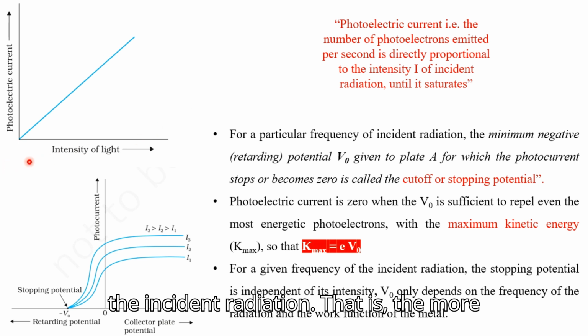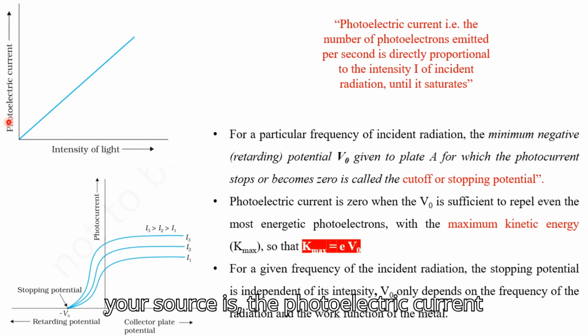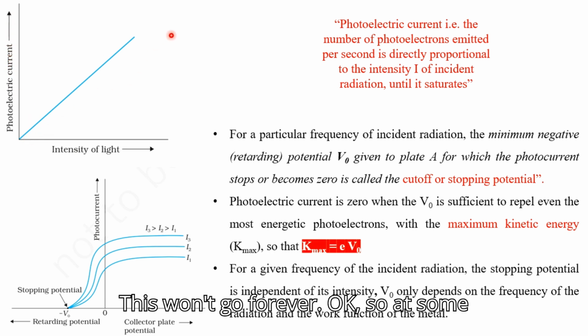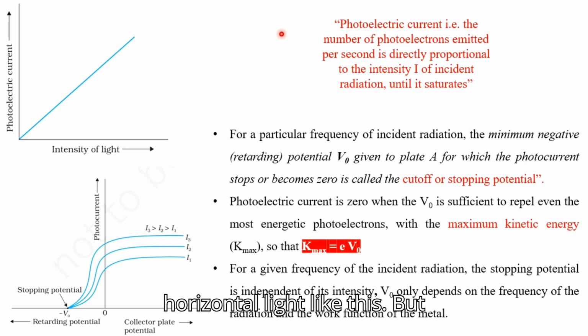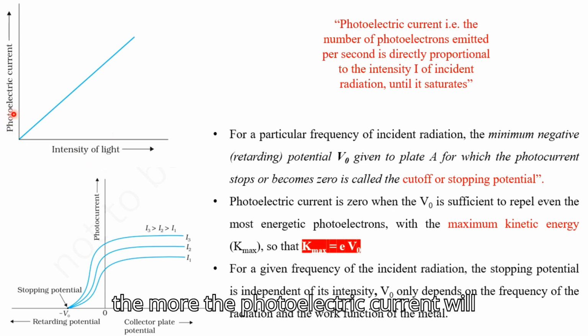That is, the more intense your light or the brighter your source is, the photoelectric current will also increase linearly. This won't go forever. At some point it will saturate like a horizontal line like this, but typically the brighter your source is, the more photoelectric current will be generated. This is one of the critical observations.